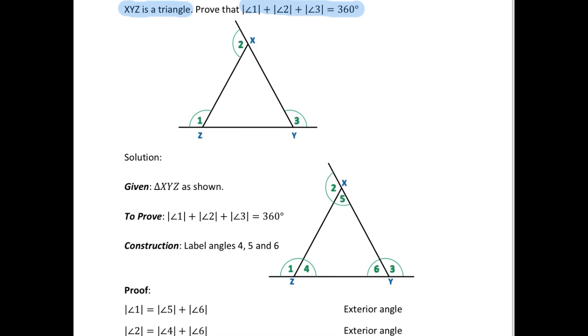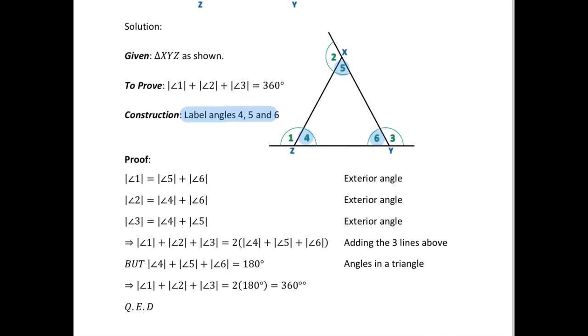Our construction in this case is going to be to label the angles 4, 5, and 6 as we have here. The reason we do that is we're going to make use of several properties of triangles and of straight lines in our proof.